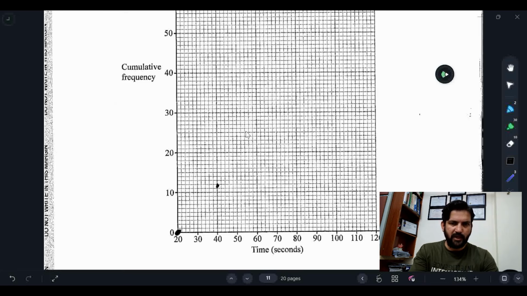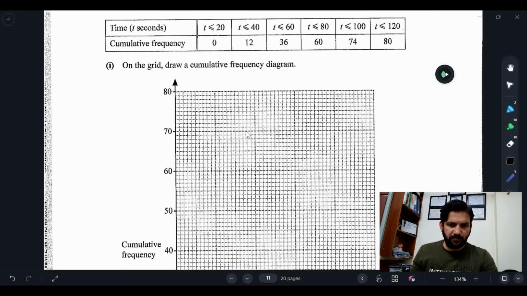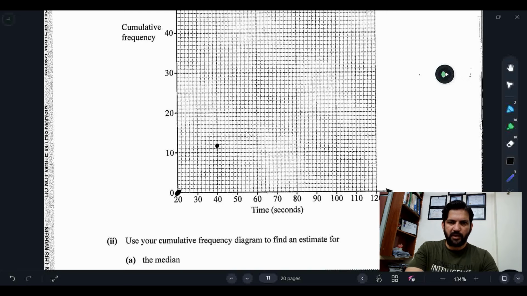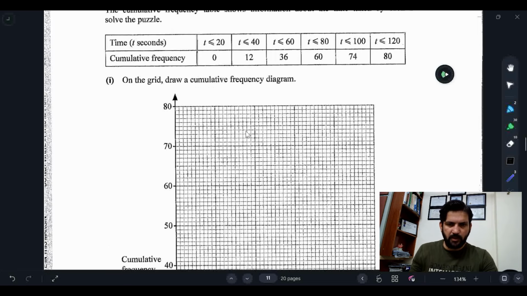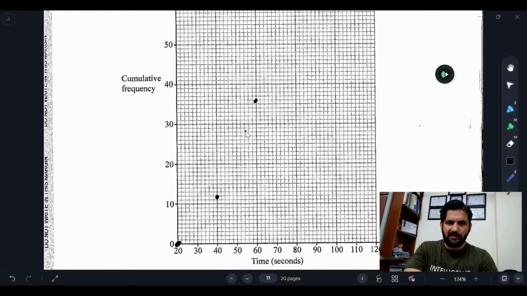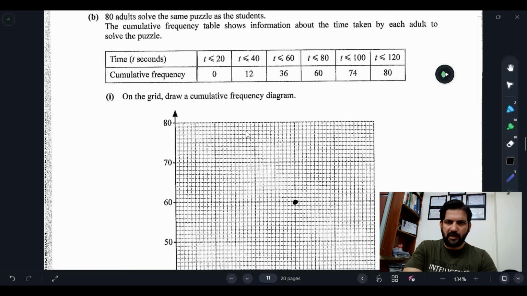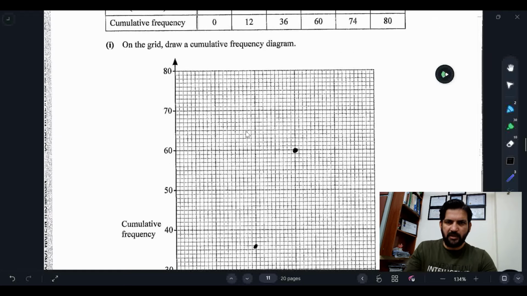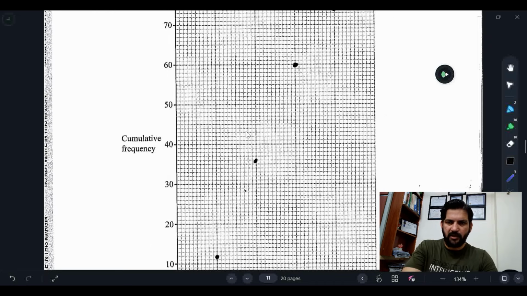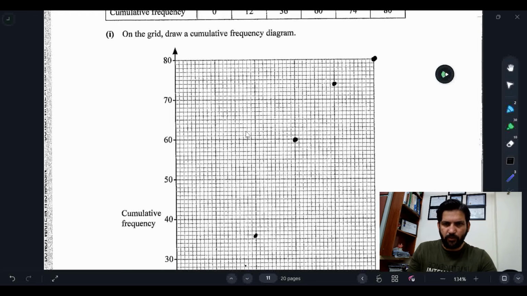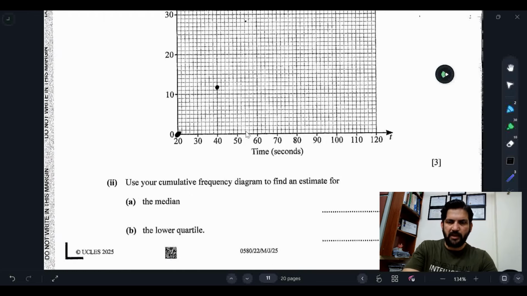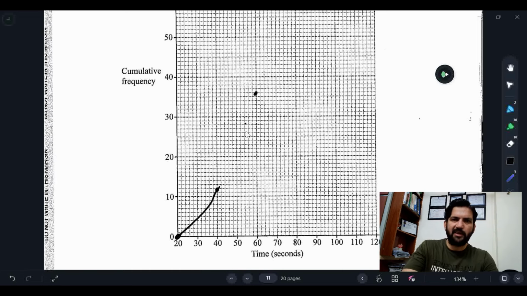At 20 it's 0, then at 40 it's 12, at 60 it's 36, at 80 it's 60, at 100 it's 74, and at 120 it's 80. So basically this will be the cumulative frequency.